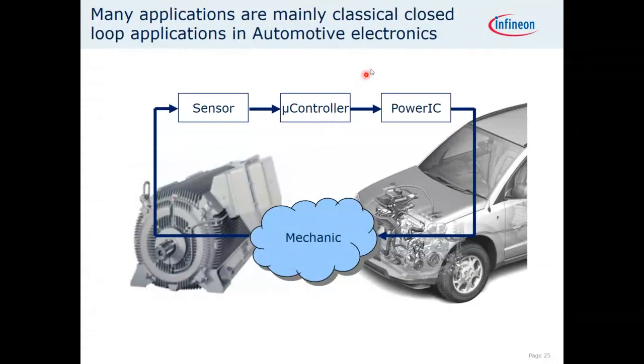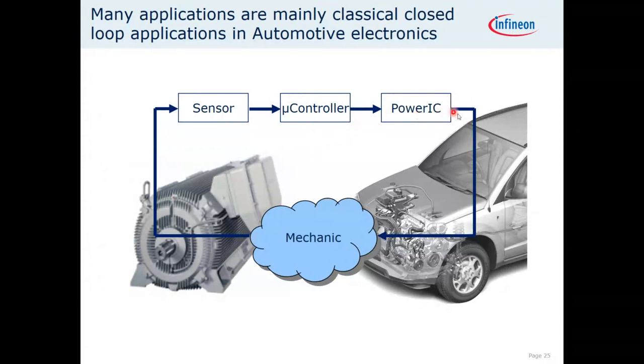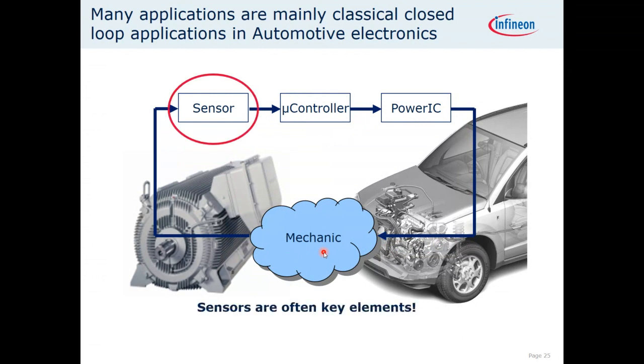And in any kind of mechanical machine, there are some kind of sensors, and you should control it, and you need some kind of feedback in any mechanical control part. So sensors are very important in many applications.